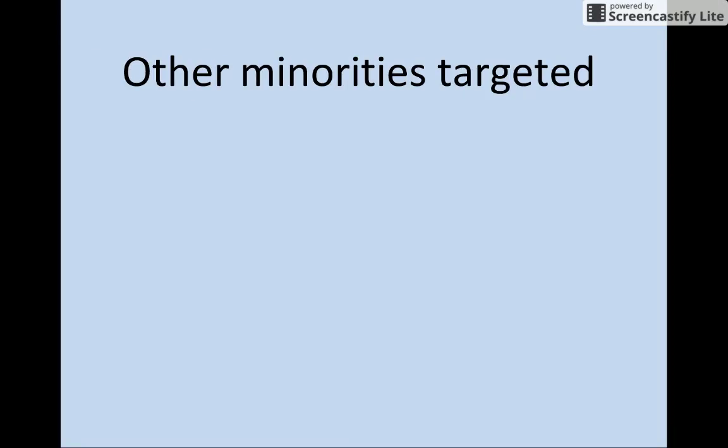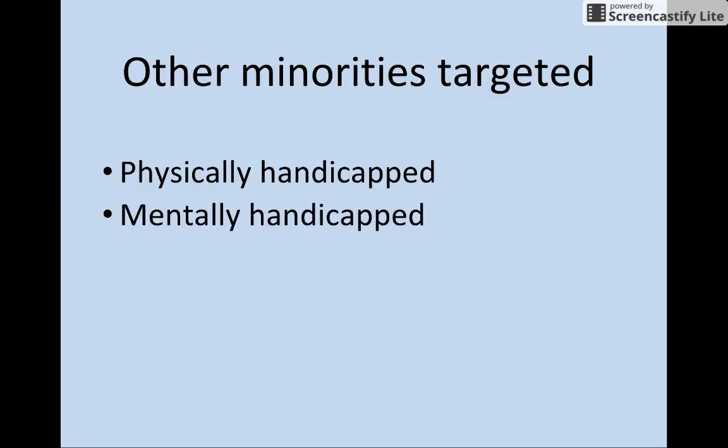There were other minorities targeted as well. One of them were the physically handicapped, so people who had some kind of physical ailment would also be deemed inferior. People who were mentally handicapped. The Gypsies, at the time they were called Gypsies, today we call them Roma.